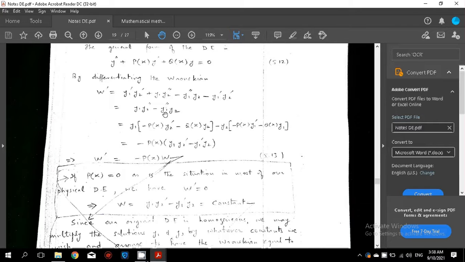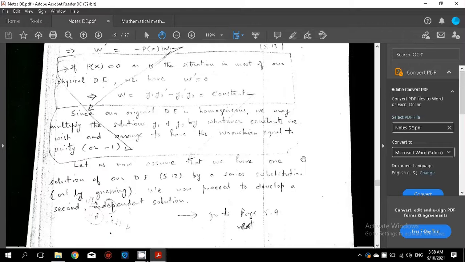Similarly, in the second term, y1 double dash is written as minus p(x) y1 dash minus q(x) into y1. So this is the derivative of the Wronskian, and when you expand this, it becomes equal to minus p(x) into (y1 y2 dash minus y1 dash into y2). And you know that this is the Wronskian, so we have expression 5.13, that the derivative of the Wronskian is equal to minus p(x) into W.